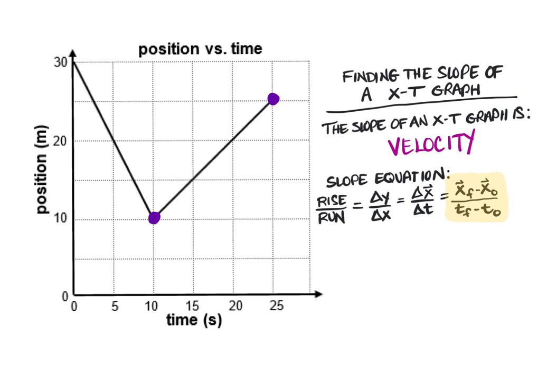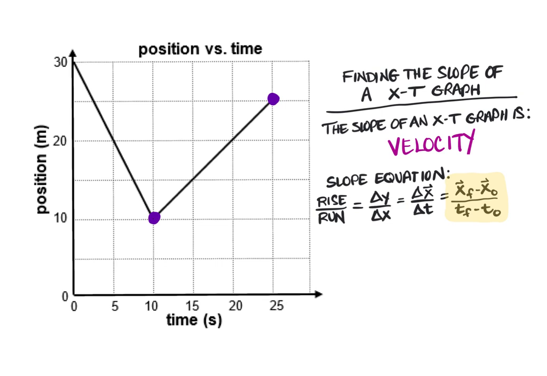But we don't need to use the y and the x because we actually have real world variables on our position time graph. We know that position is on the y-axis, time is on the x-axis, and that means that we're really using the change in the position divided by the change in the time. And when I expand that, that's simply the final position minus the initial position divided by the final time minus the initial time.